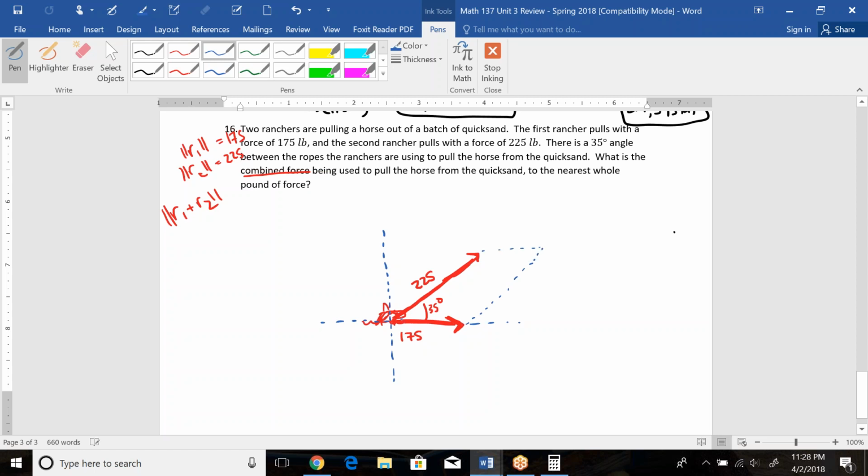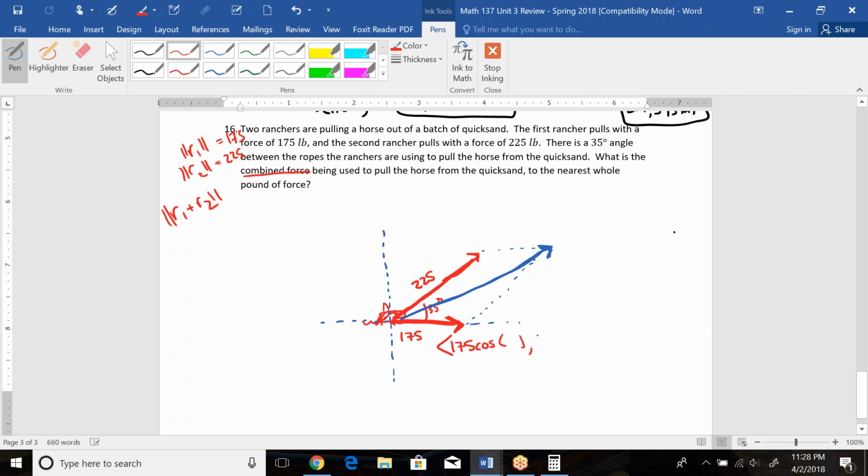So we're looking for the vector that adds together to make those two. To do that, you have to have the coordinates of both of these vectors. Those coordinates are found by doing the magnitude times the cosine of the angle, and the sine of the angle for the other one.